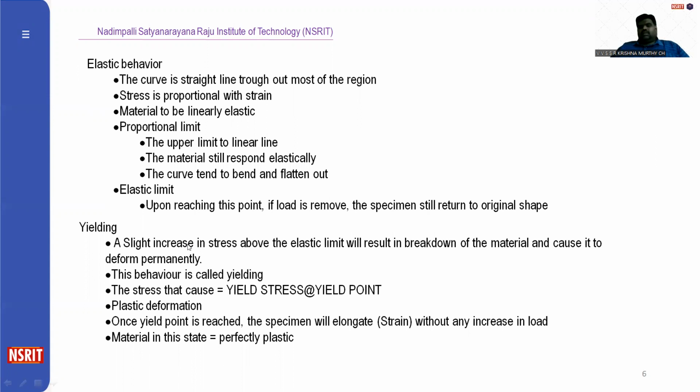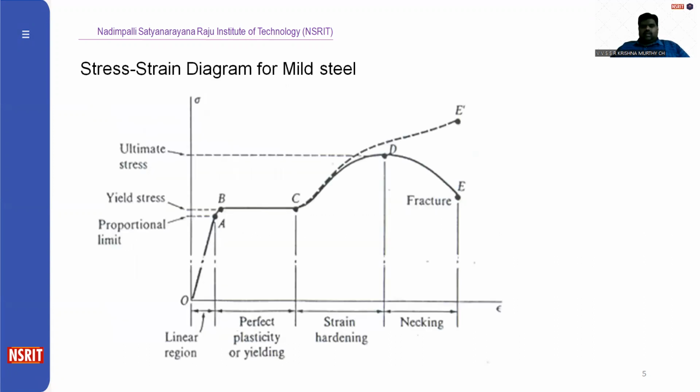After increasing the load beyond the elastic limit, the material does not break down but deforms permanently. That point is called the yield point, where plastic deformation starts and the material is perfectly plastic. If you increase further, it will maintain constant, perfectly plastic yielding.